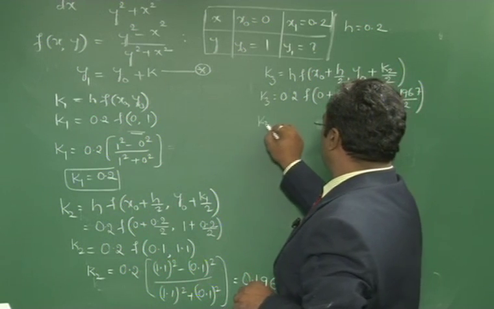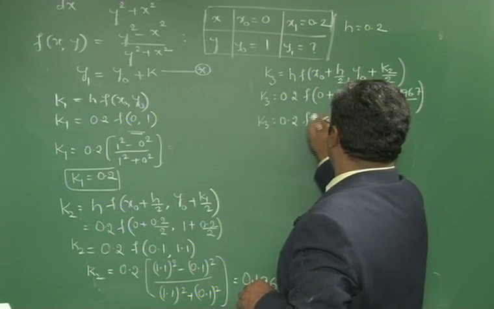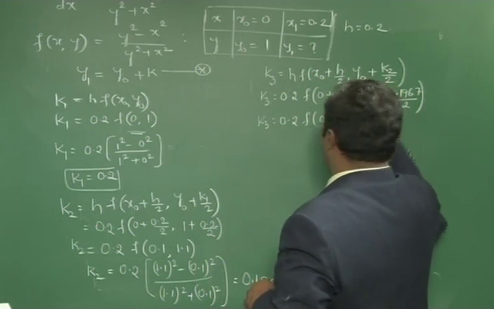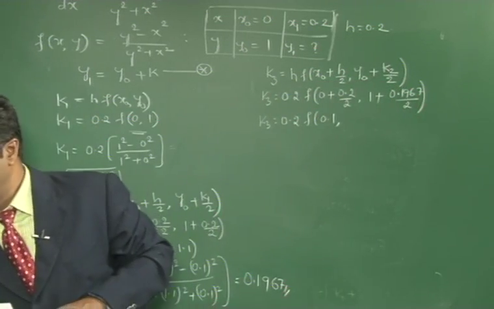We get k3 equal to 0.2 times f(0.1, 1.0984) after simplification of these values.